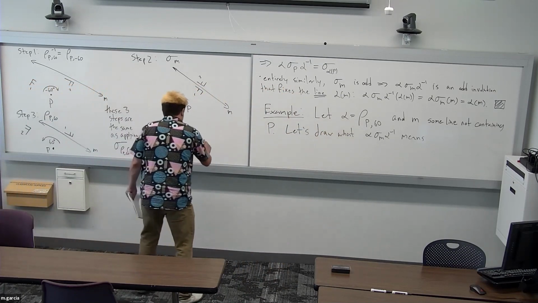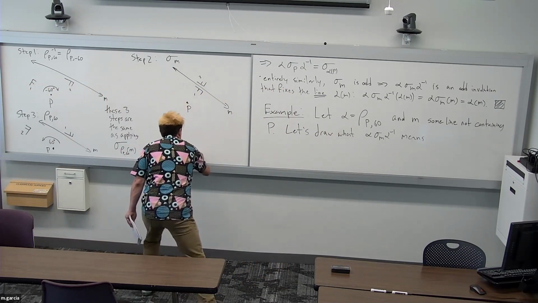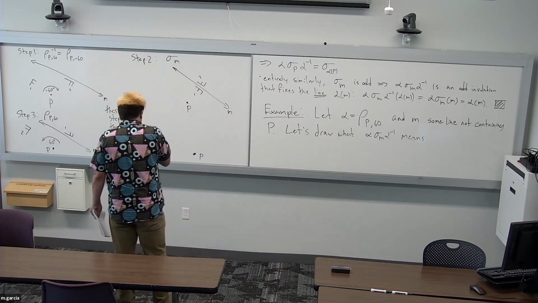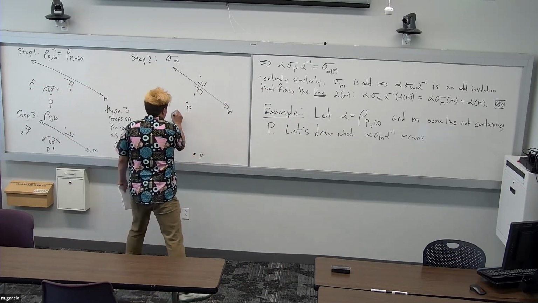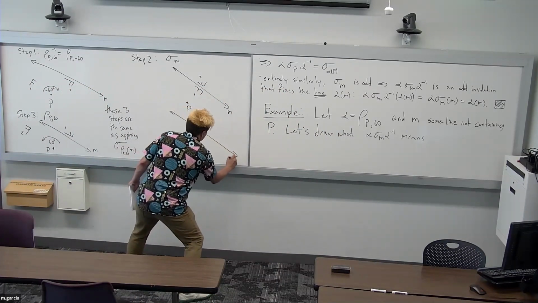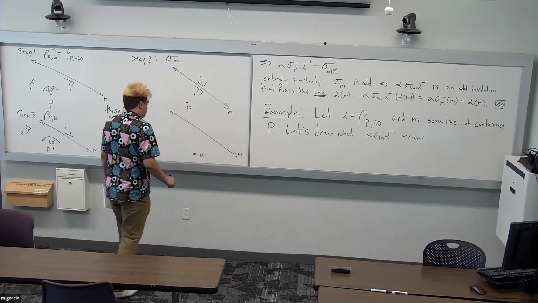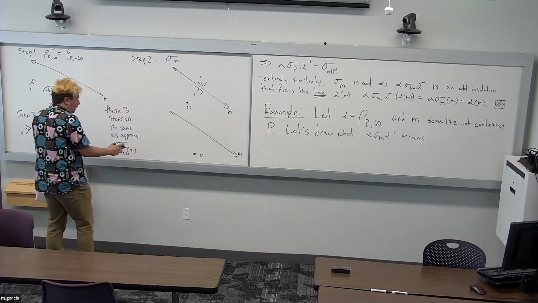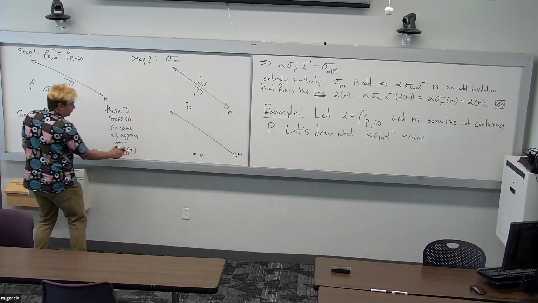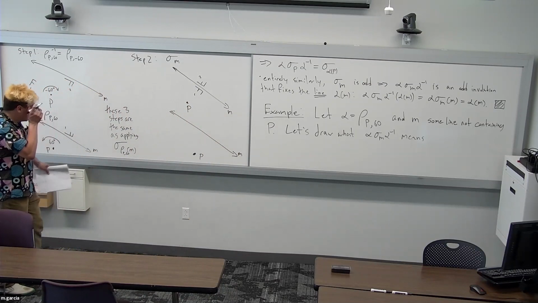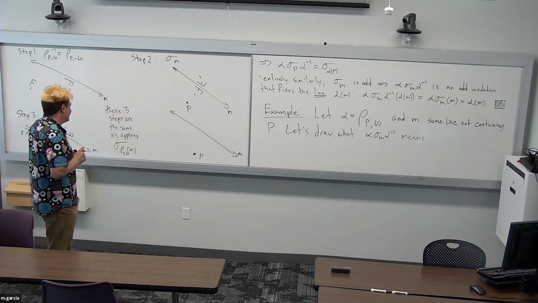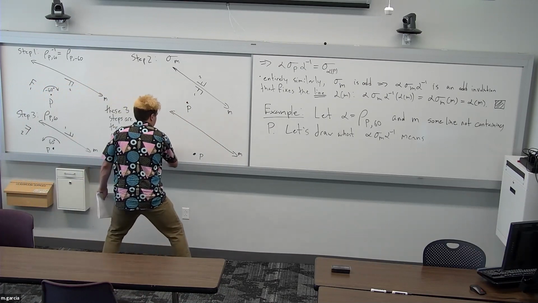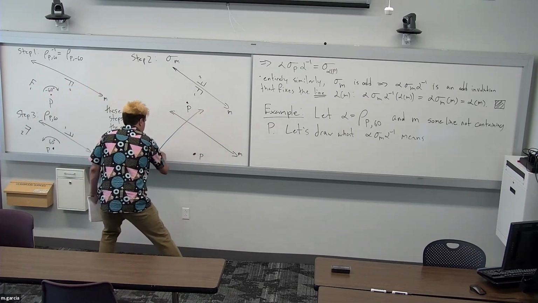Okay? So, one final diagram. Here's our point P. Again, we have our line M. Now, what is the image of M under rotation by 60 around P? Right?